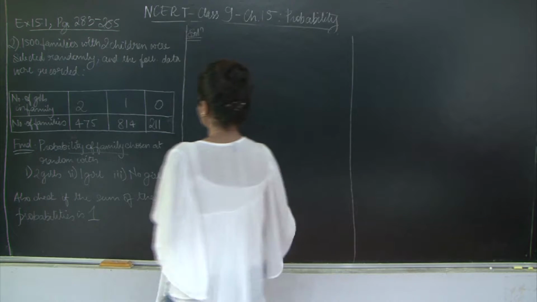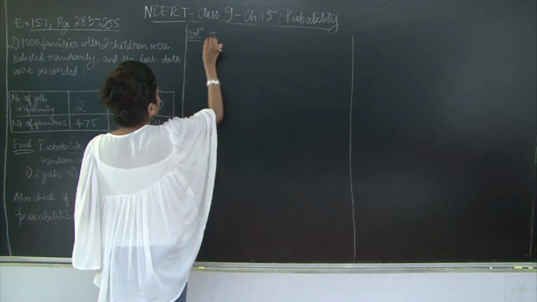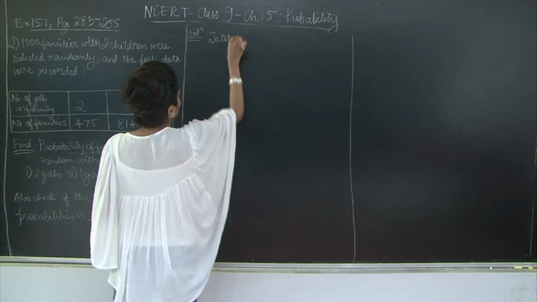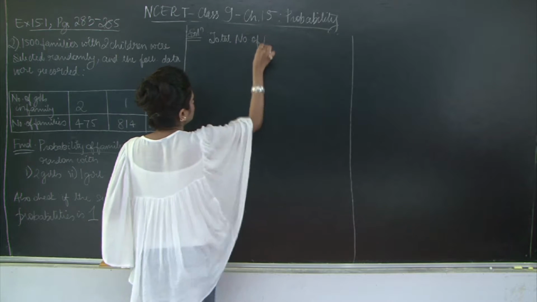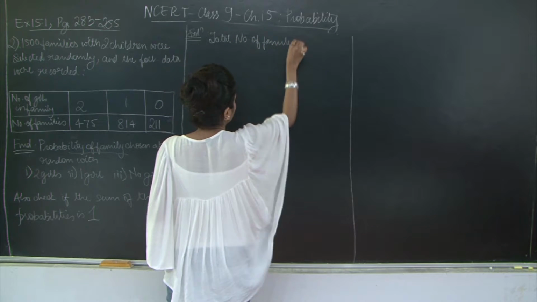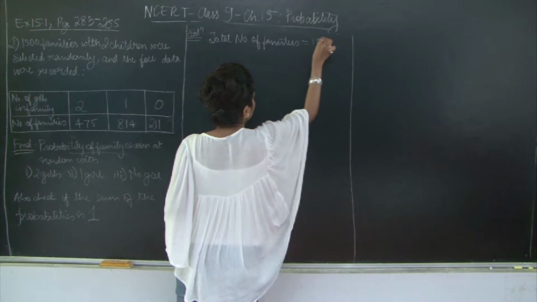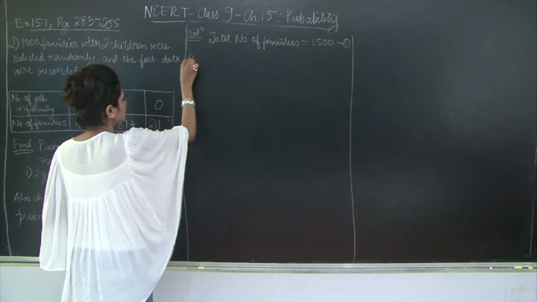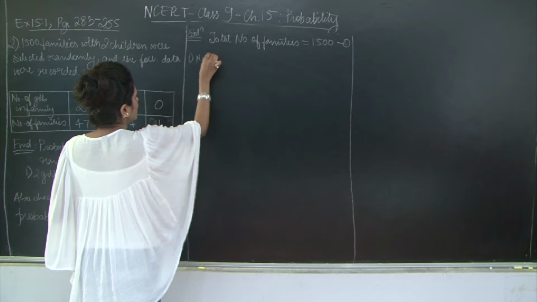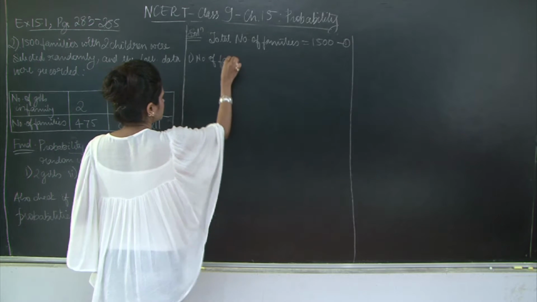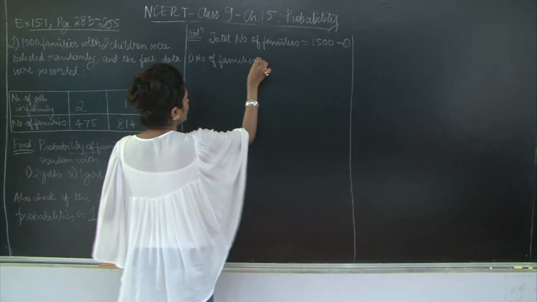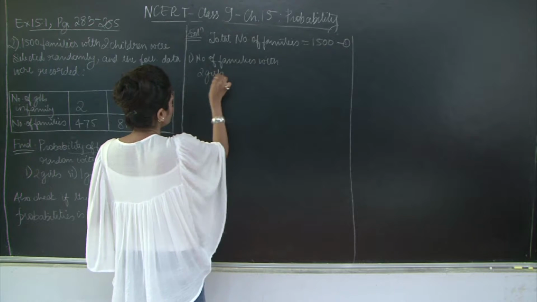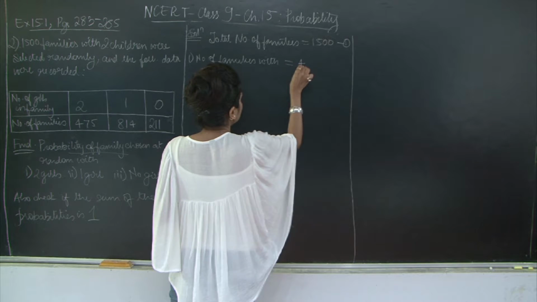So let's proceed. I'll say total number of families is equal to 1500. Let's mark this as 1. So the first one now, number of families with 2 girls is equal to 475.